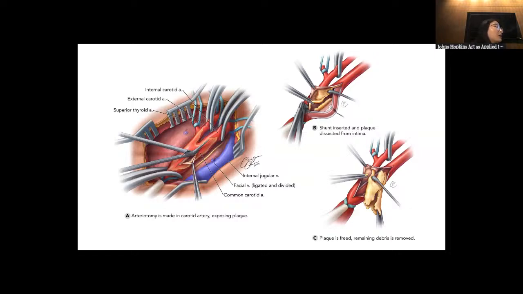I will say during the actual procedure, it's quite easy to see the carotid artery because in clamping and creating the arteriotomy, it gets slightly lifted out of the carotid sheath, so it's removed from the blood and other stuff that you would see in surgery. So it was a little challenging, but I was able to get it in the end.